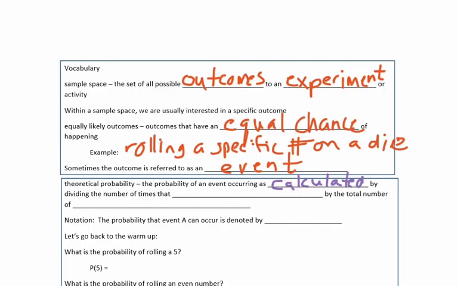As calculated by dividing the number of times that outcome can occur by the total number of possible outcomes.